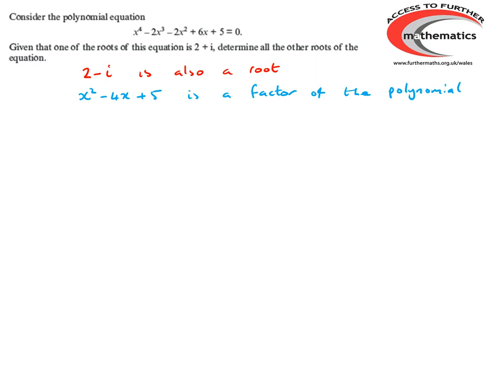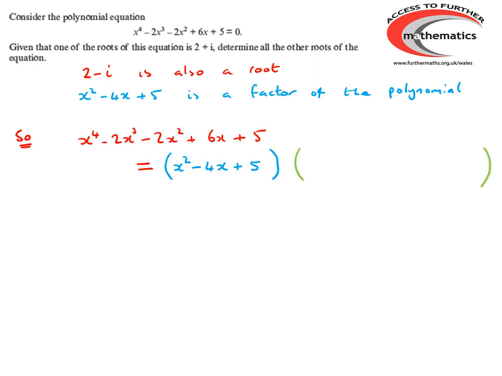So we can now try and do a little bit of factorisation. We've got x to the 4 minus 2x cubed minus 2x squared plus 6x plus 5 has got a factor of x squared minus 4x plus 5. What goes into the second bracket? Well, first of all, we've got to make sure we can get the x to the 4 out when we multiply. So we're going to need an x squared in the second bracket.